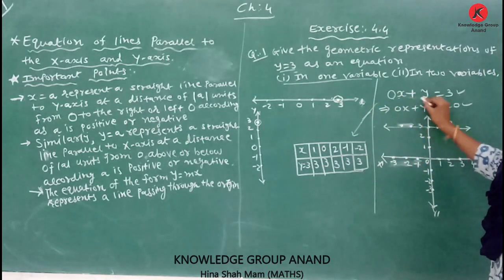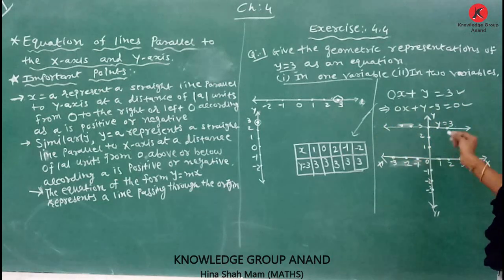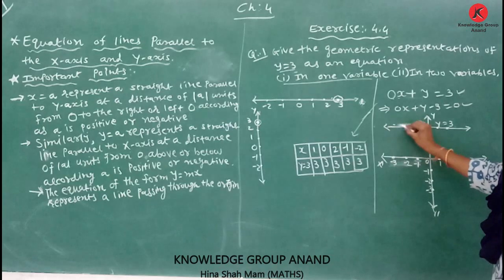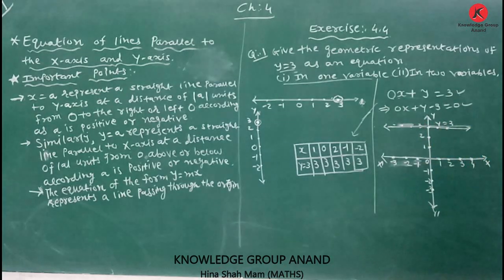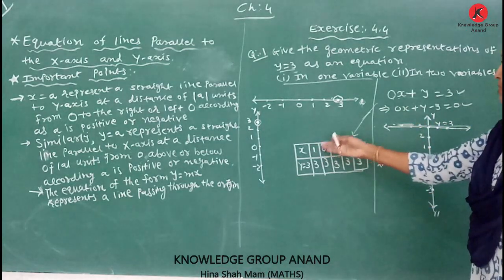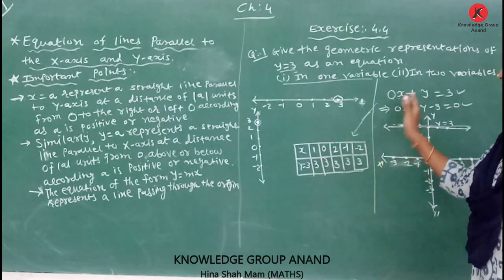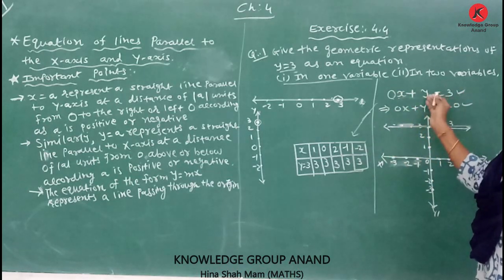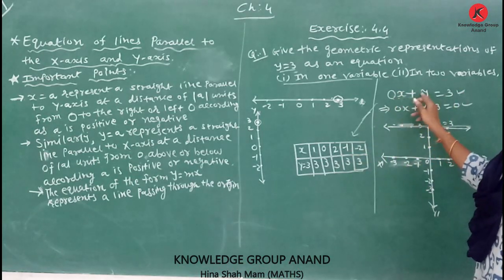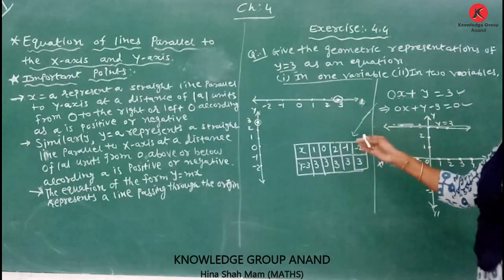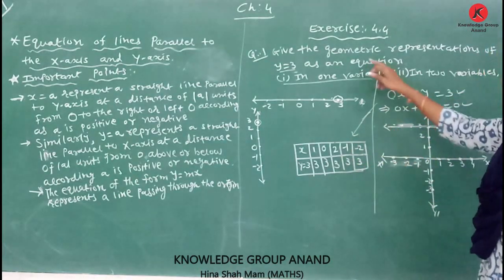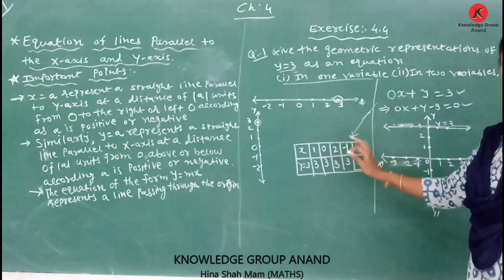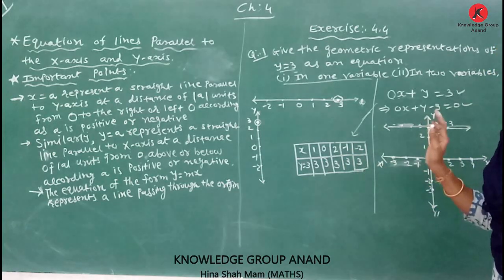You prepare a table, or suppose you do not, you draw the line through 3 and parallel to the x-axis. Taking x is equal to 1, y is 3; x is 0, y is 3; x is 2, y is 3; x is minus 1, y is 3. For every value of x, y is equal to 3.